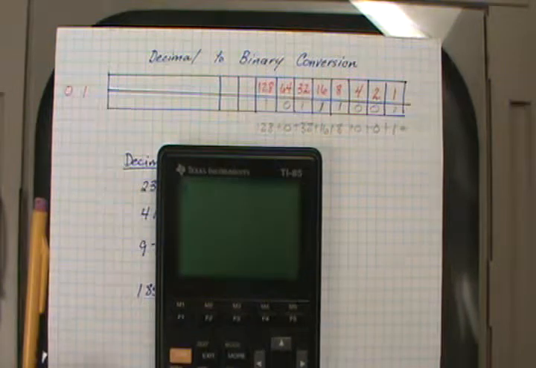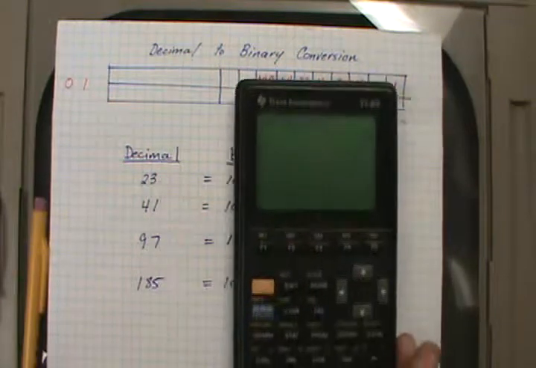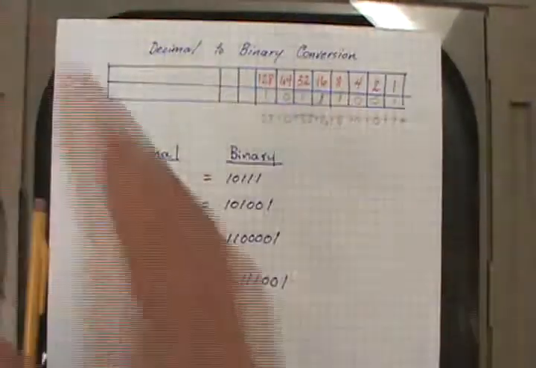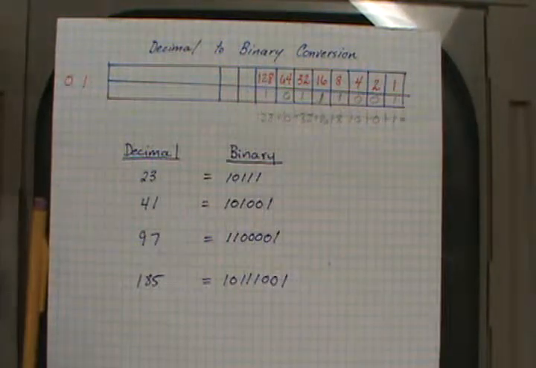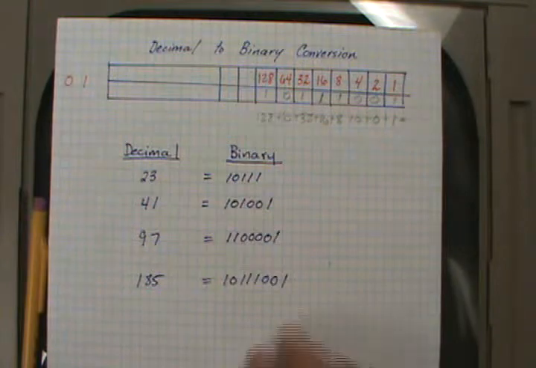Plus 32 plus 16 plus 8 plus 1. And there's our 185. Okay.